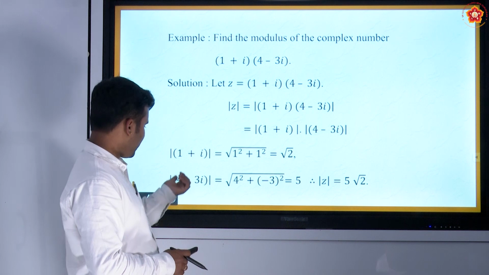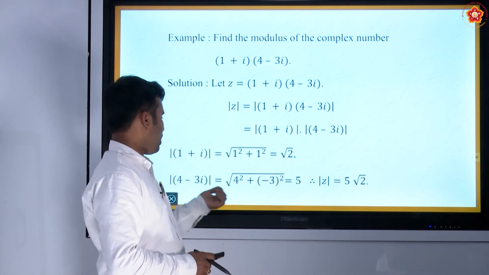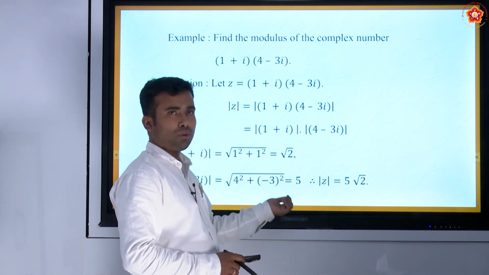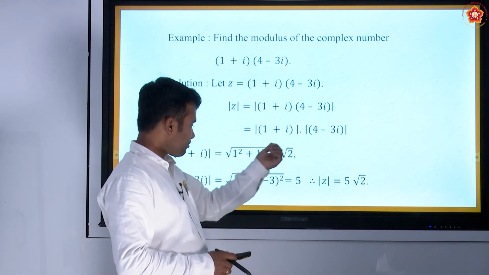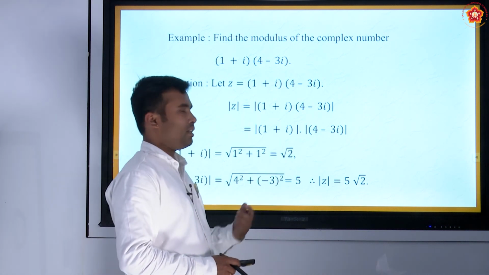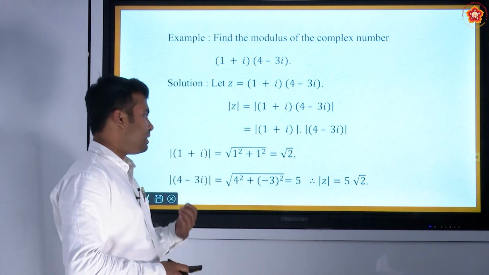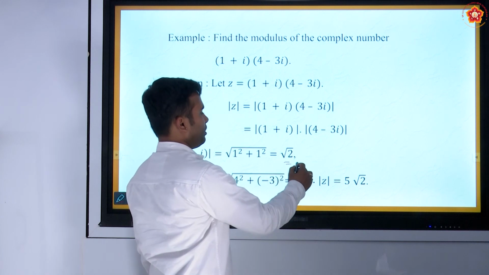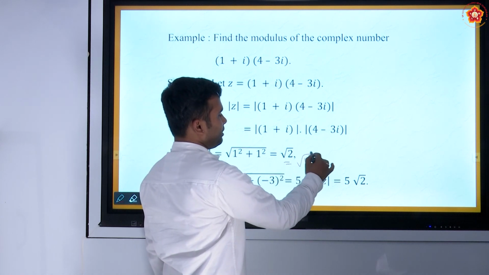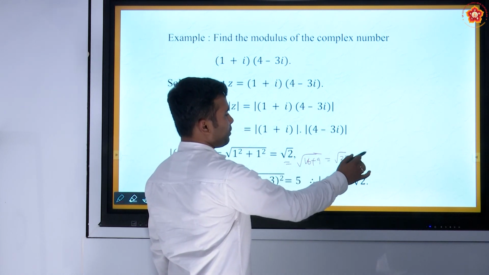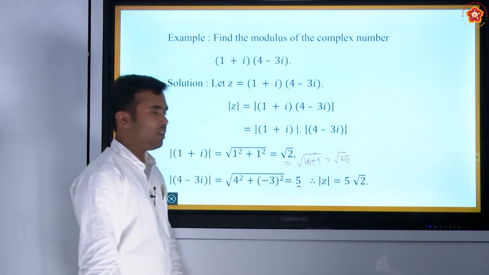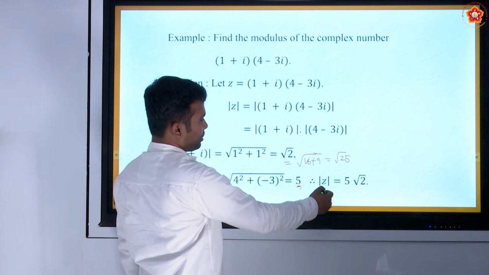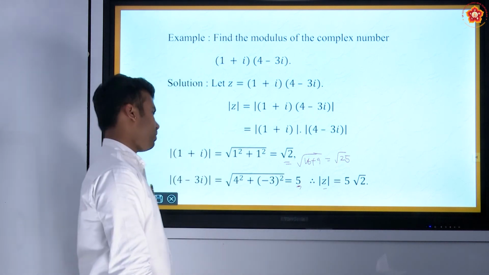The real part is 4, squared, plus the imaginary part minus 3, whole squared. 4 square is 16, and minus 3 square is 9. 16 plus 9 is 25. So the square root of 16 plus 9 is the square root of 25, and the square root of 25 is 5. Therefore, we got the modulus of z is 5 into root 2.